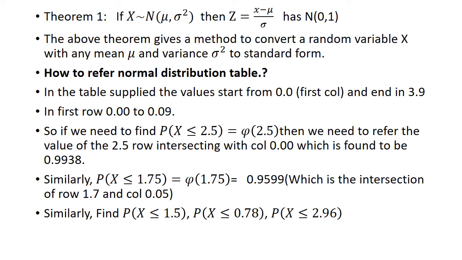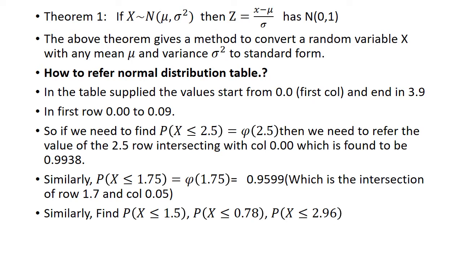In the table supplied, the values start from 0.0 and end in 3.9. In the first row, 0.00 to 0.09. So if we need to find probability of x less than or equal to 2.5, which I call phi of 2.5, then we need to refer the value in row 2.5 intersecting with column 0.00, which is found to be 0.9938.